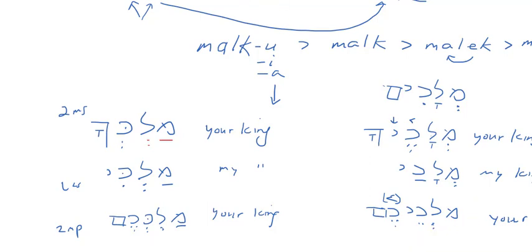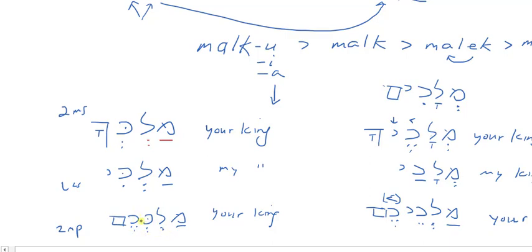But instead of putting a hireq here, what are we going to get? We're going to get the original short vowel that was accompanying root 1, in this case that patah. So it's malkhekem, your kings. Compare that to malkekem.